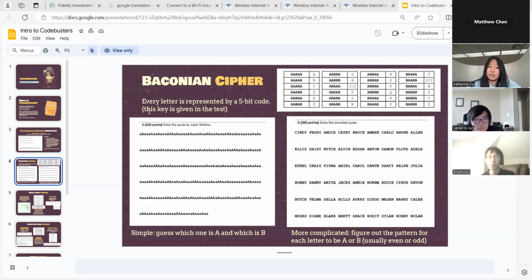So here there's any possible letter in the alphabet, but we still need to figure out whether each letter denotes A or B. One of the most common patterns that people will use is you have every other letter as A or B. Usually it would be like A, C, E, G, all as A, and then B, D, F, all as B. So if we looked at the first word here, Cindy, we would guess that C is A, and then I is probably A. And then you map each letter to A or B and use the key as normal. But it takes a lot of guesswork.